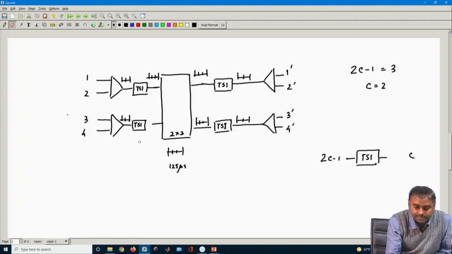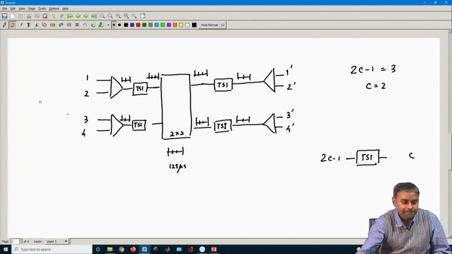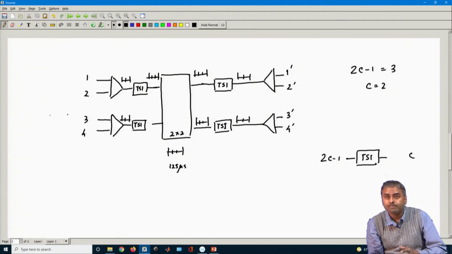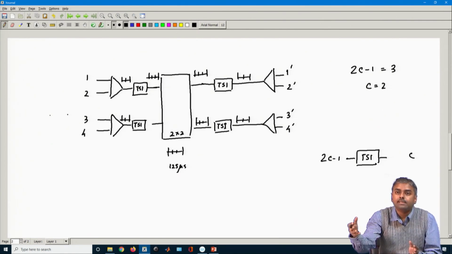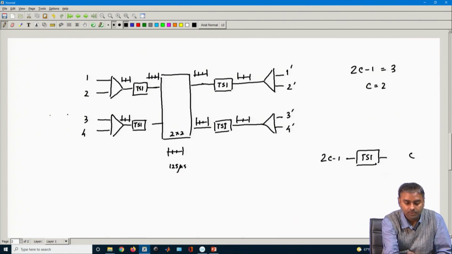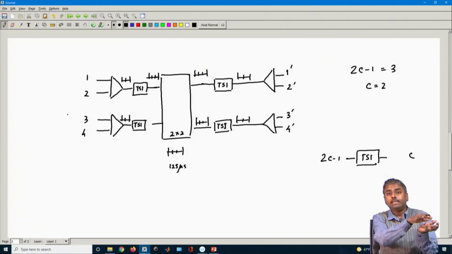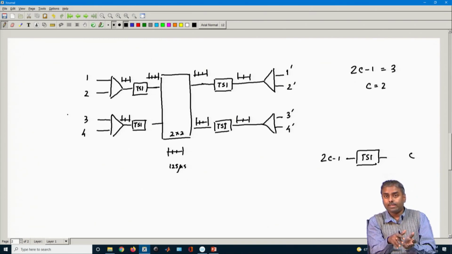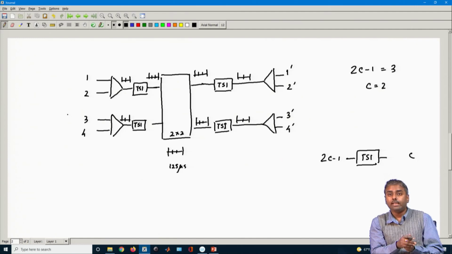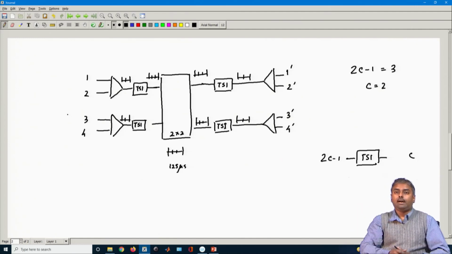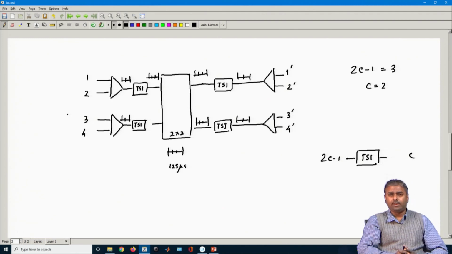At the same time, this TSI is also tilted. It has a lower writing speed and a faster reading speed. Over here, C bytes are coming within 125 microsecond, and 2C minus 1 are being fetched. So, a few things will be happening now.